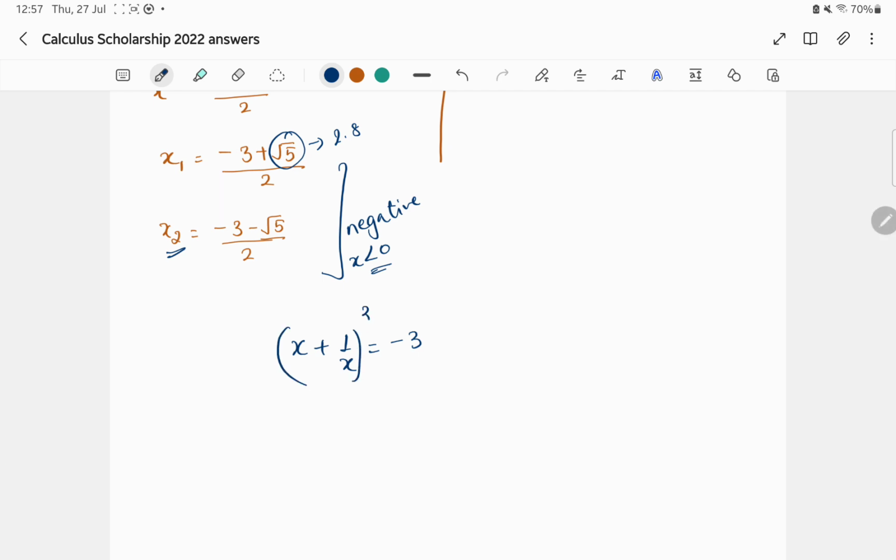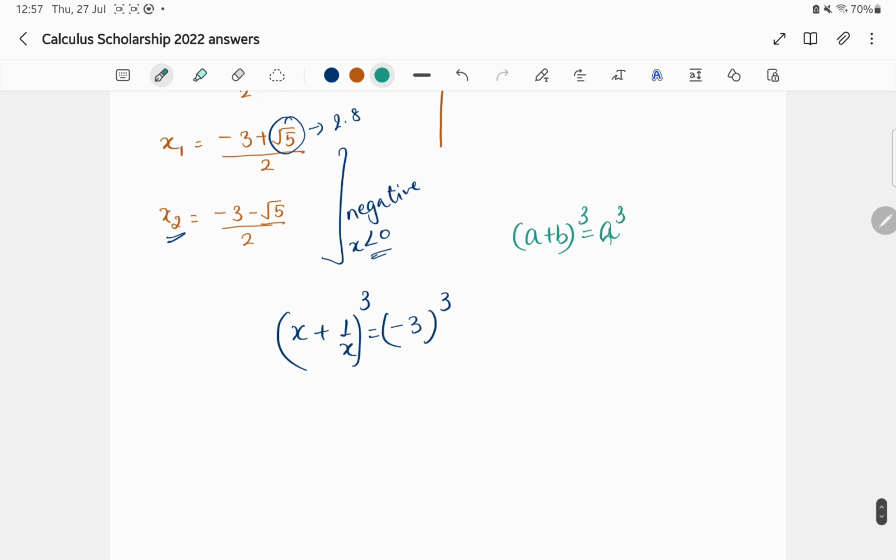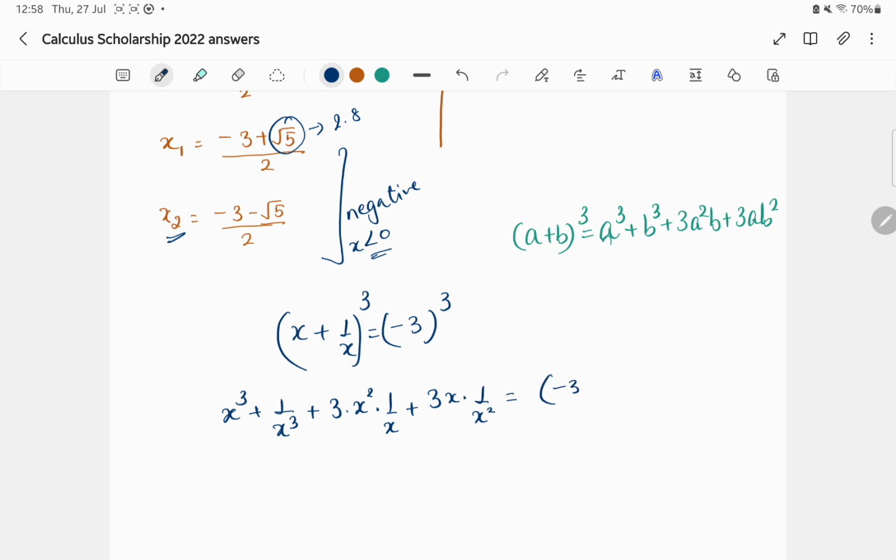Let's write the formula here. a plus b whole cube is equal to a cube plus b cube plus 3a squared b plus 3ab squared. So if we put those values back, it's going to be x cube plus 1 over x cube plus 3 times x squared times 1 over x plus 3 times x times 1 over x squared is equal to minus 3 cubed.